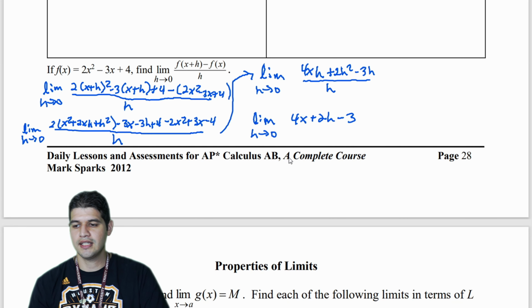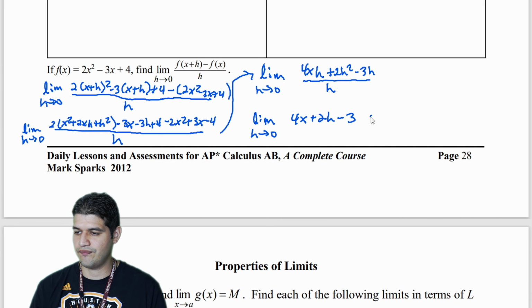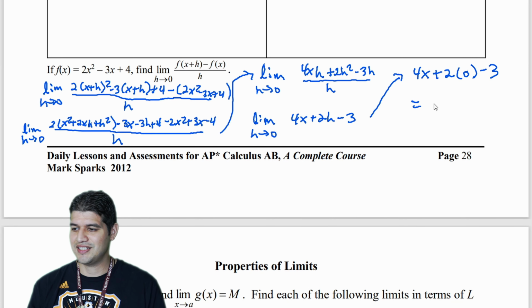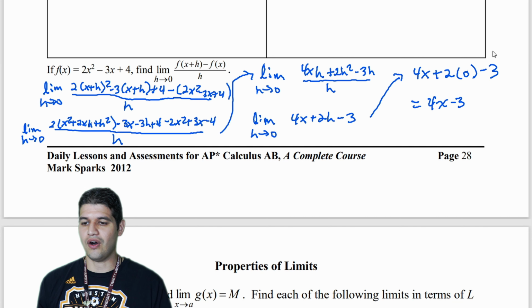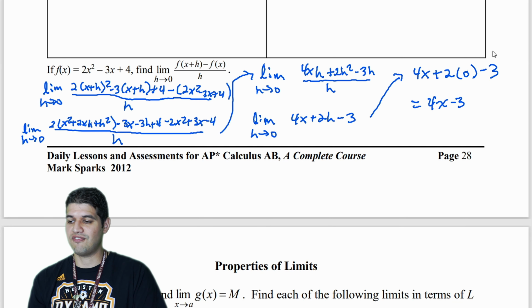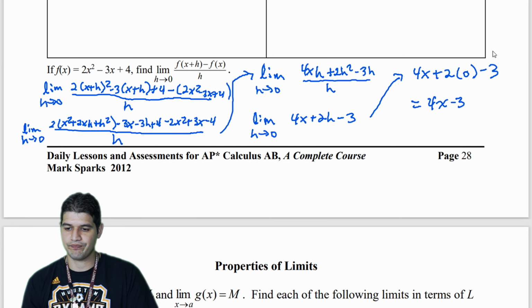So let's substitute in 0 now. So I have 4x plus 2 times 0 minus 3, which simplifies to 4x minus 3. So all of that work just to get it down to a smaller function, in this case, 4x minus 3.